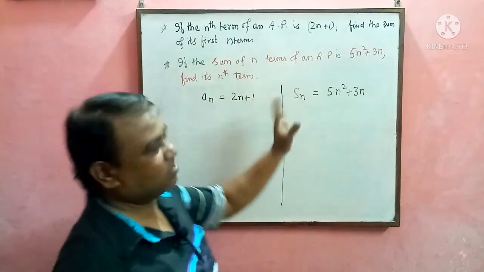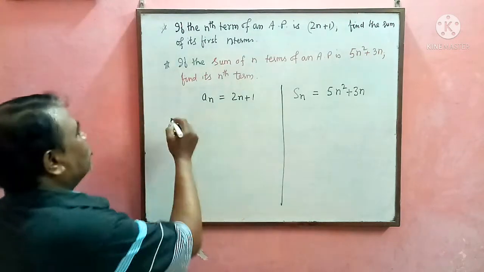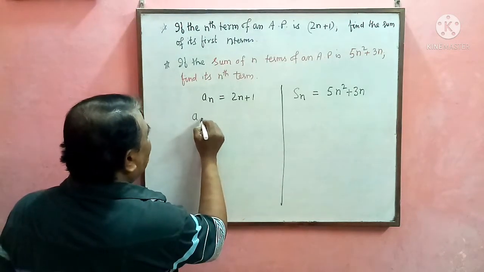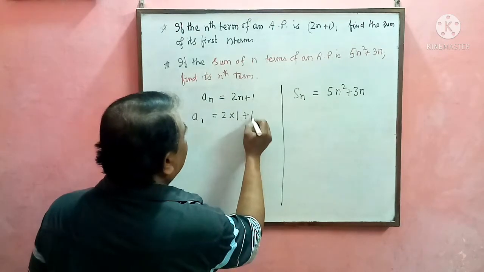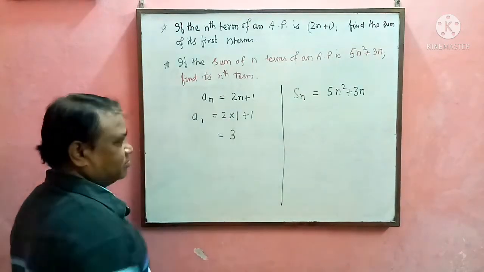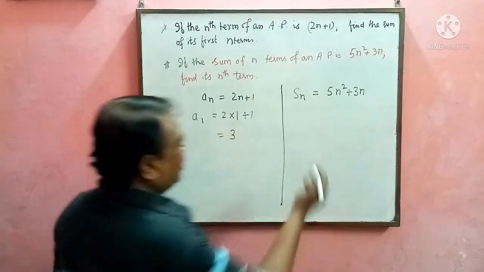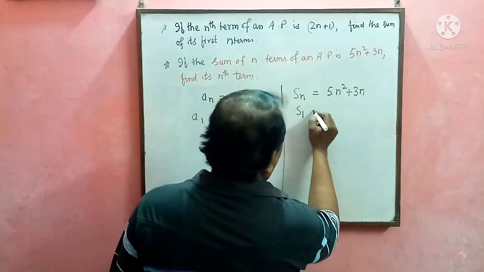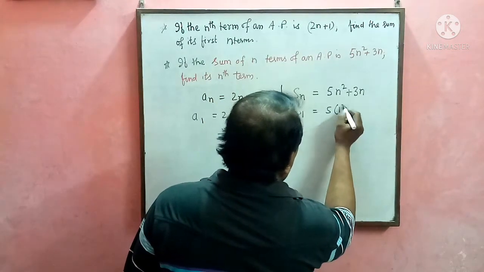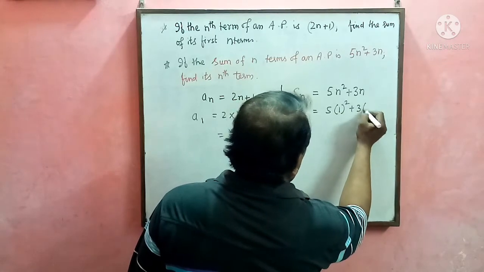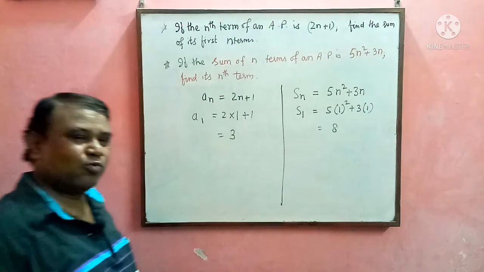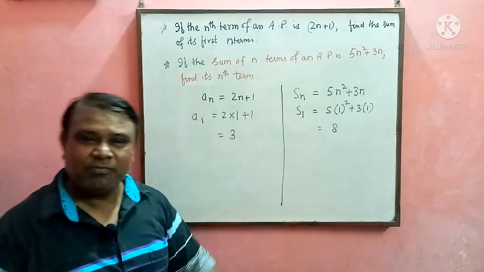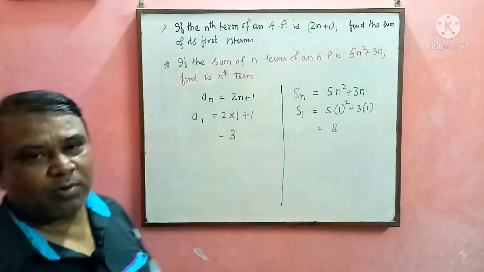Like if I put n is equal to 1, then it is 2 into 1 plus 1, it is 3. This is the first term. Same way here also, if we put 1, it is 5 into 1 square plus 3 into 1. This is the first term. In both the cases, if we put 1, they will give the first term. There is no doubt about it.